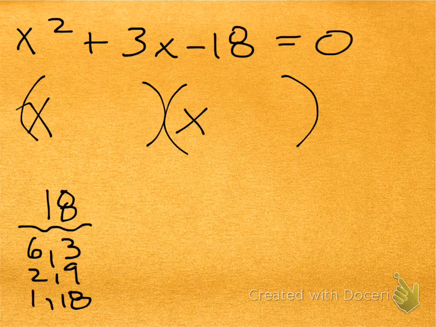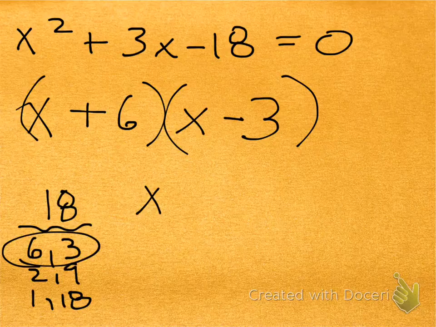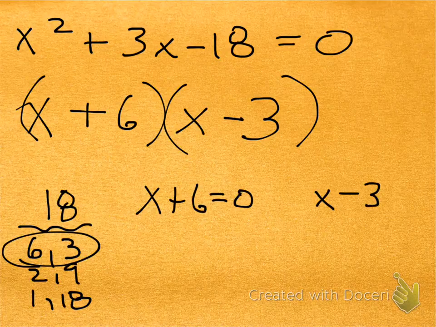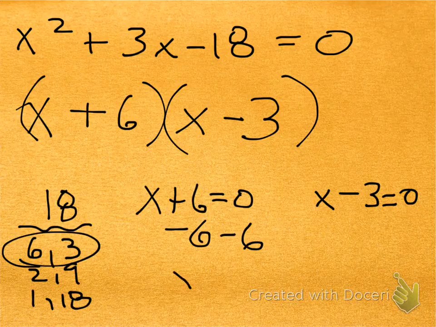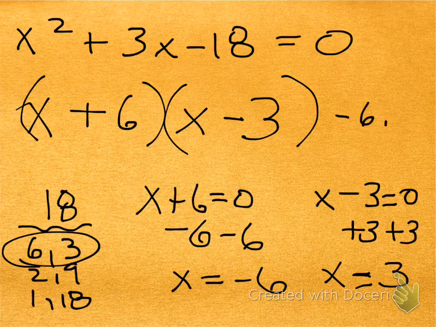So that's going to mean we need 6 and 3, but we need the 6 to be positive and the 3 to be negative. So we're going to do x plus 6 equals 0 to get one answer, and x minus 3 equals 0 to get the other. So x would be negative 6, and x would be 3, so our answer would be negative 6 and 3.